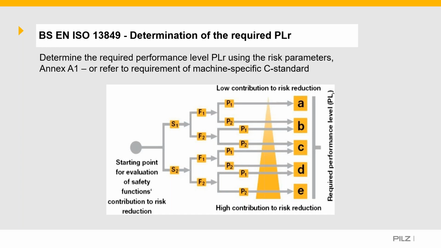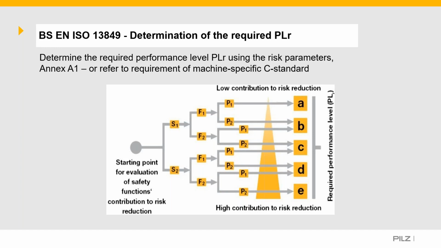We then go on to the frequency and the exposure time of the hazard. F1 is seldom, so it's seldom to less often, and/or the exposure time is short, so that's less than once every 15 minutes, and/or an accumulated exposure is less than 1/20th of a shift period. F2 is frequent to continuous, and/or the exposure time is long, so that's more than once every 15 minutes, and/or accumulated exposure is more than 1/20th of a shift period.